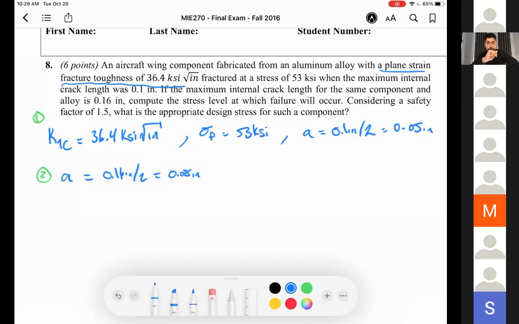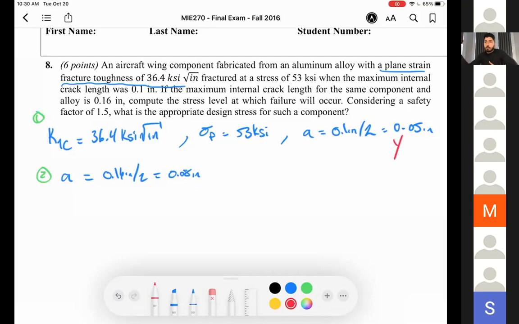Okay. So what's missing from the first one? Safety factor. Okay. Missing one other thing as well. Our geometry factor, right? Where's our y? So the only thing that we have to relate the two components is our geometry factor, correct? It's the same component. So the first thing we need to do is solve for our geometry factor.